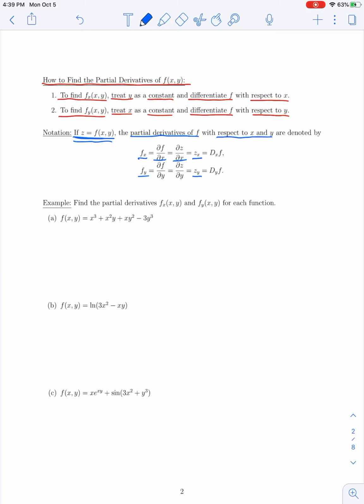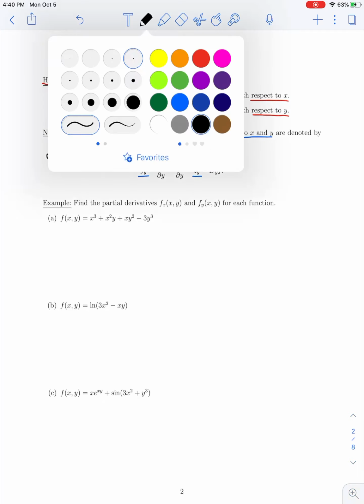So it's similar to the df dx notation that we had seen in Calculus 1, but for partial derivatives, instead of a d, we use this symbol which is referred to as del.